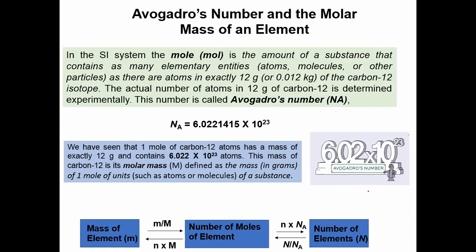Now let's see how we need to characterize the mass of elements, because you understand that one atom is very, very, very small. Last time I showed you that the mass of an atom is incredibly small, and the size is also very small. So it's basically impossible to measure and manipulate the mass of only one atom.